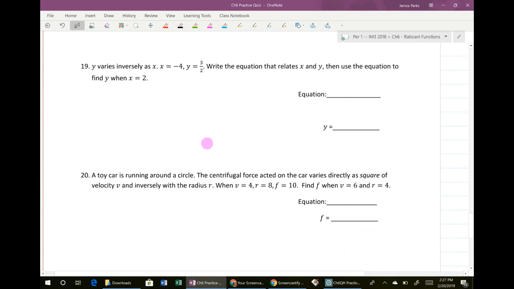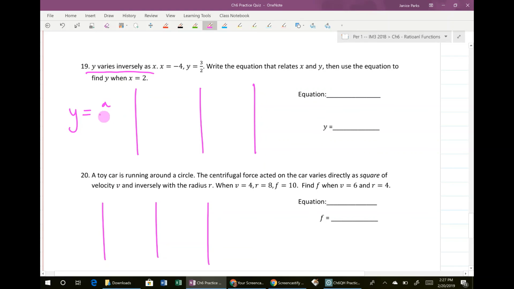For the last two, they do have numbers, so we're going to split this up into 4 pieces. So y varies inversely as x. That means you have a fraction. Second, you solve for a. Okay, so they say x is negative 4 when y is 3 halves.